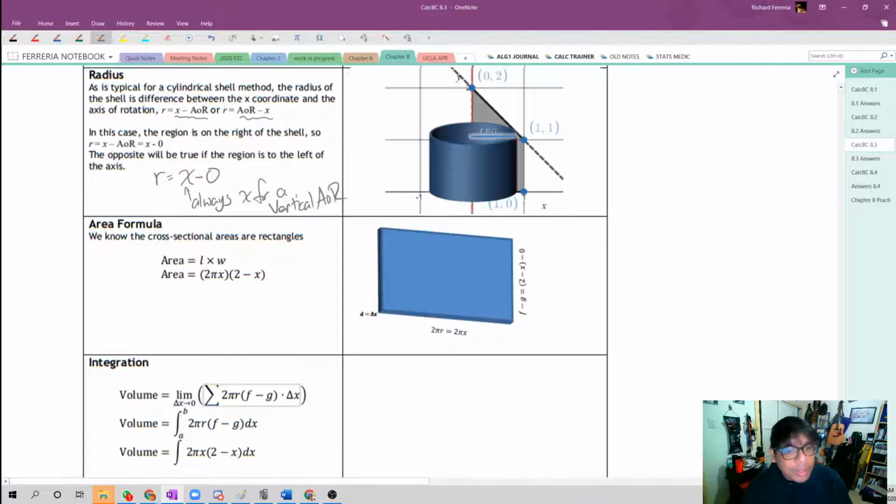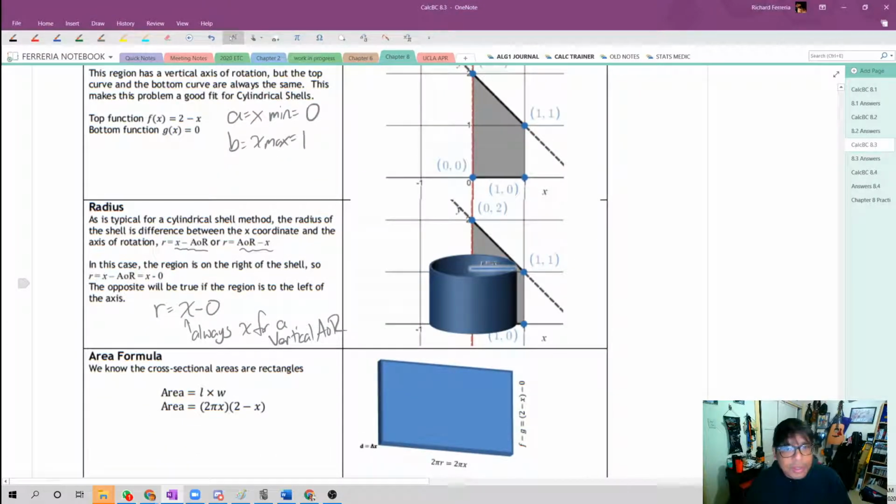And then our width is going to be 2 minus x. Now, 2 minus x is how tall this is over here. I'm going to use a different color because that's kind of hard to see. This is the width right here. So it's the difference between the top, which was 2 minus x, and the bottom, which was 0.